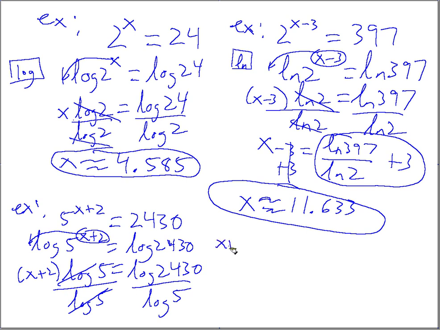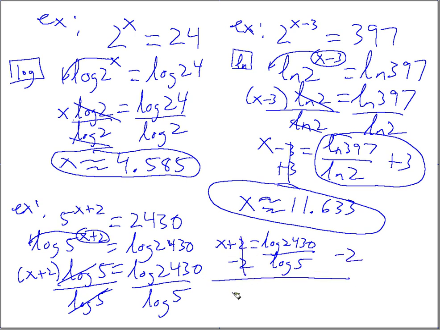So we have x plus 2 equal to this number. We can certainly punch it in the calculator, but I like to punch it all in at the end, so I'm just going to write it as it is here. Subtract 2 on both sides to finish the problem out. So therefore, x is going to be approximately, using the common log button here: 2430 log divided by 5 log, which is 4.844 roughly, minus 2.